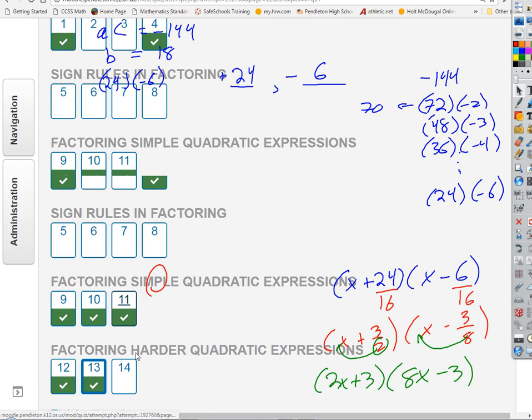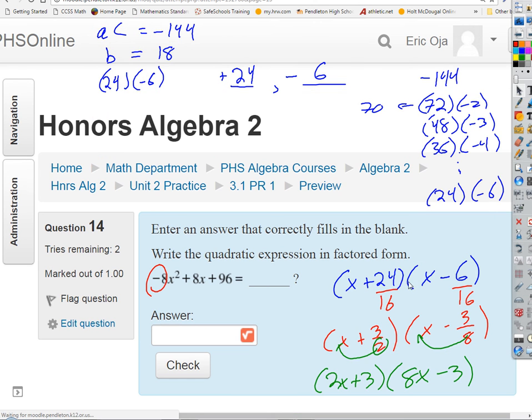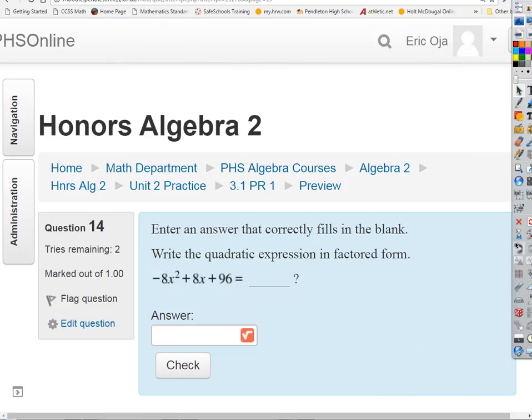Okay, and maybe I'll just do one more. So what can we do here? Well, this one's actually by far the easiest of the group. Because look, we can find a number that divides evenly into all these. In fact, 8 goes into all of those, and because the leading term is negative, I'm just going to factor out a negative 8.